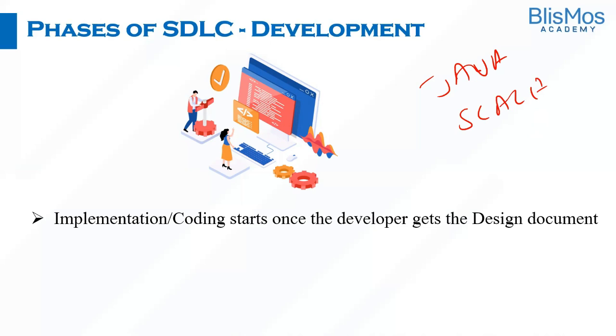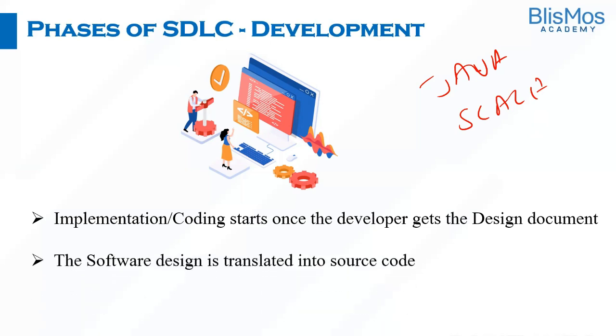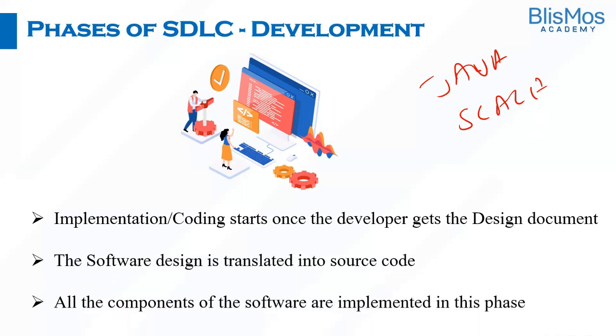The design is at a high level how the component should work. In development, we take that design, go module wise, and start developing the system. Here, the design is translated into the source code. So all the components of a software system are implemented in this phase.